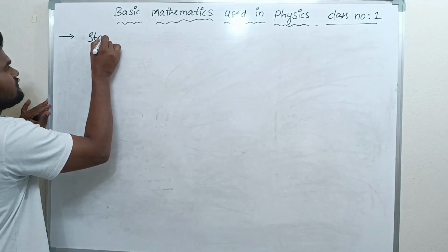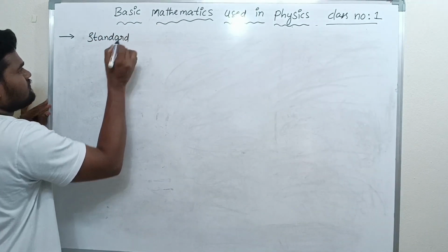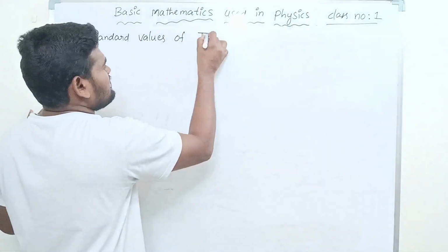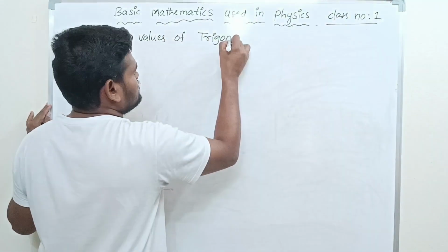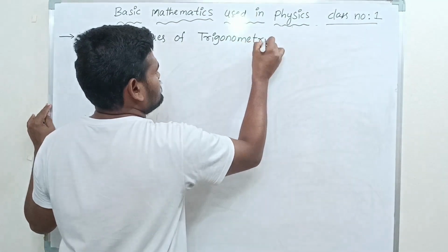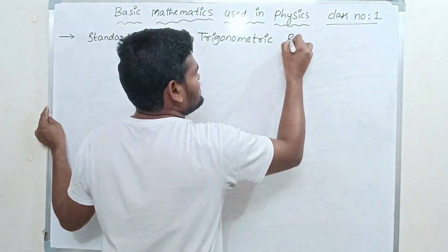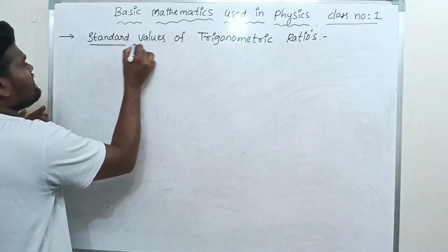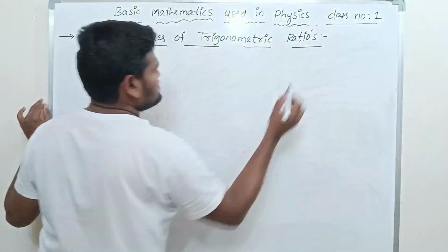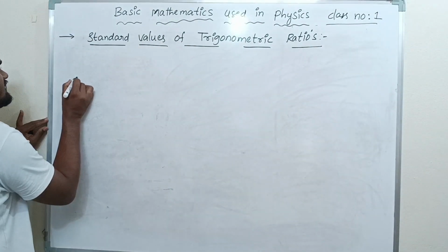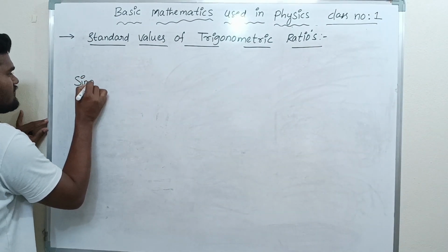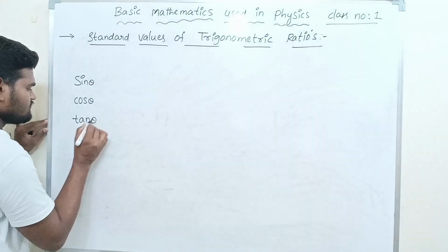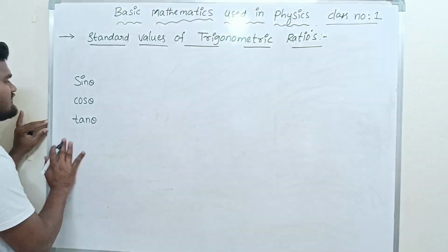Standard values of trigonometric functions. Functions or ratios, whatever it is. Okay, standard values of trigonometric ratios. So here I am taking sin theta, cos theta, tan theta. These three are enough.